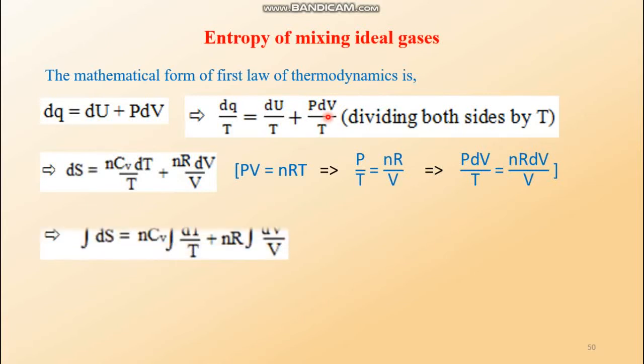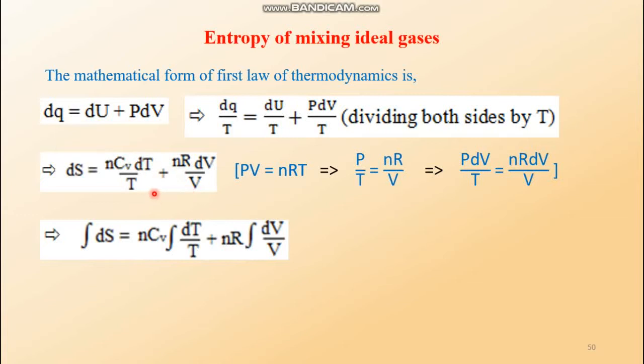Now let us integrate both sides without giving any limit. If we integrate some differential term, then we must get some integration constant. Here in the left hand side we have just the integration of dS, but in the right hand side the constant terms are separated first, and then within the integration sign the variables are inserted.